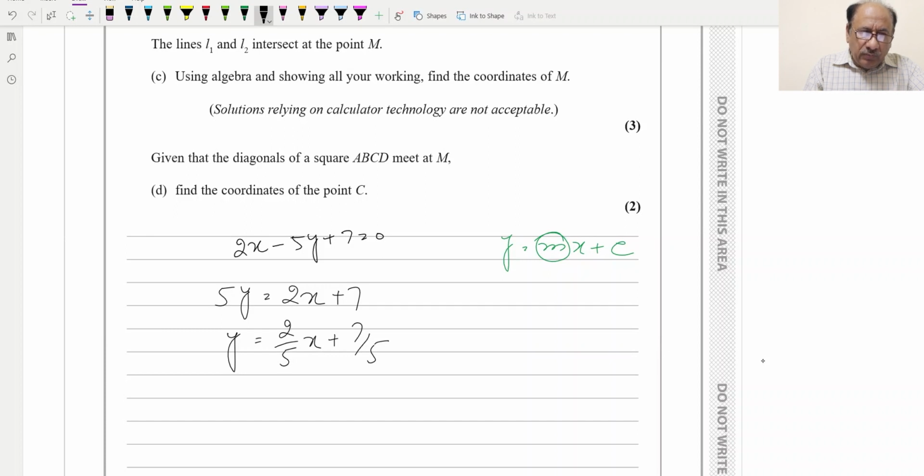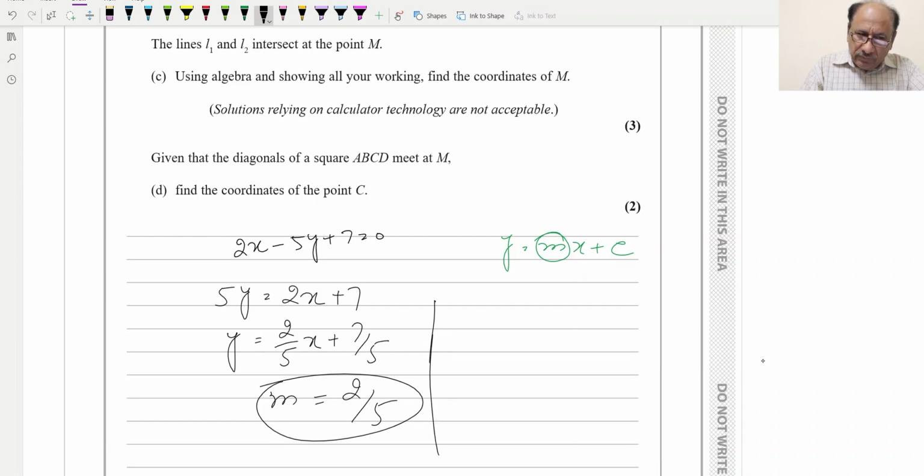Gradient will be 2 by 5. So we can write gradient or slope will be equal to 2 by 5. You can also take the derivative, but this is also an easier method which we can do.